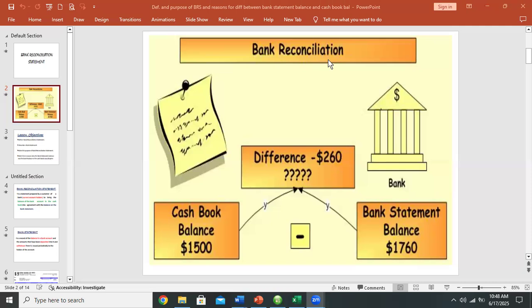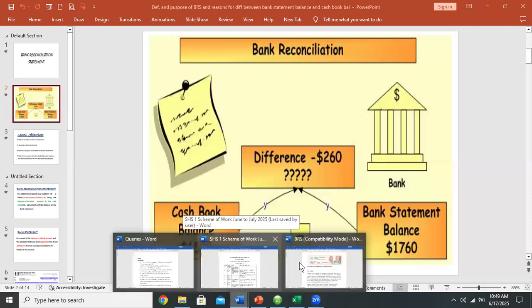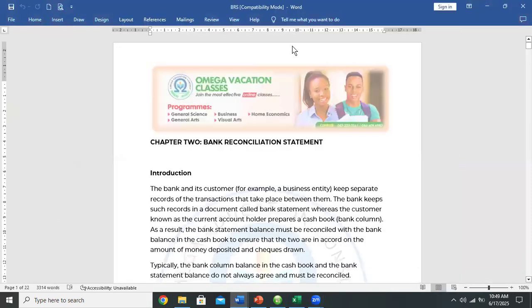Okay. And then errors made by the bank. Great. So thank you very much. So Prof. Charles and Prof. Ella, the reasons why the two balances would disagree include dishonored checks. Okay, standing order from Edem as well. Thank you very much, professors.